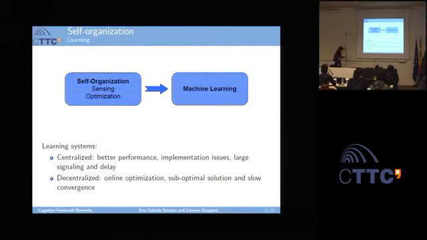So the logical way that we found to apply self-organization was through learning algorithms, because they allow us to translate example data into actions. And here is where machine learning arises.